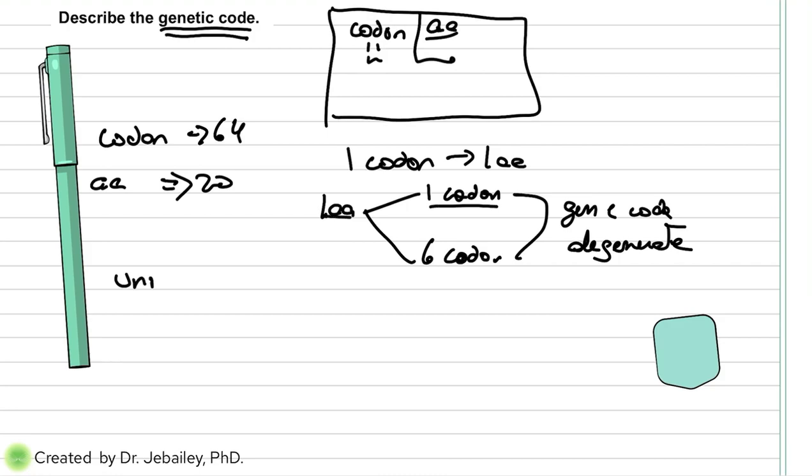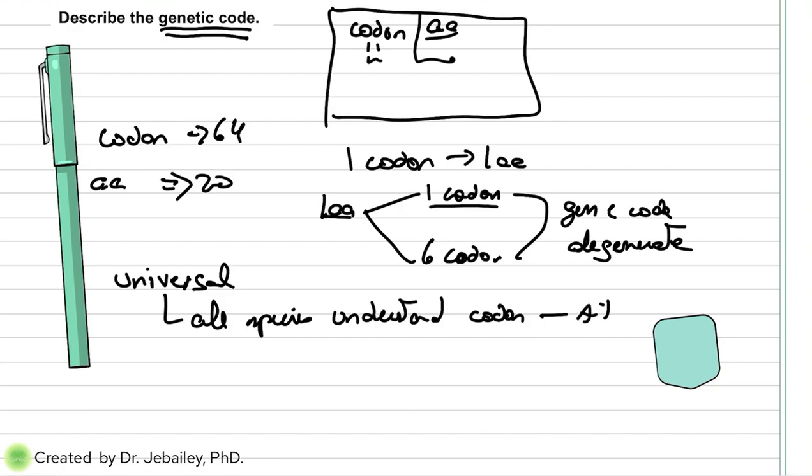We also can say that the genetic code is universal, which means all species understand this. They understand the codons, right? Because they have A, T, C, G, and U. So they can understand that. What else about the genetic code can we say? We can talk, if you want, later on about the anticodon.